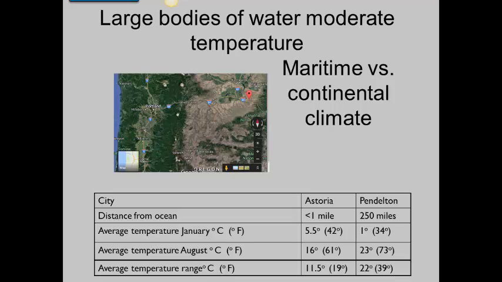So the Pacific Ocean stays relatively consistent in its temperature, which warms up Astoria in the winter and cools it down in the summer. So we see a much smaller range of temperatures in this maritime climate compared to the range of temperatures in Pendleton, which we would consider to be a more continental climate.